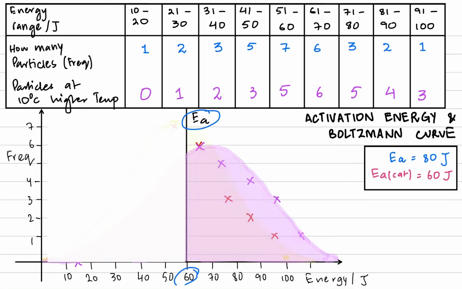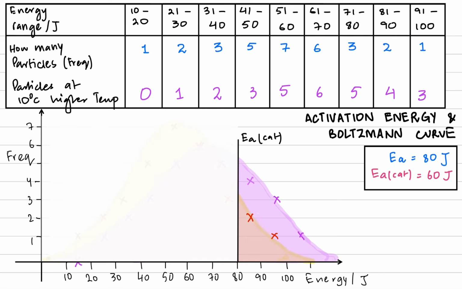It means that at higher temperature, more proportion of particles have energy higher than 60. But in the yellow curve, fewer particles had energy higher than 60. Similarly, at 80 joule energy, the yellow curve still has a lesser proportion, but the purple curve has more.